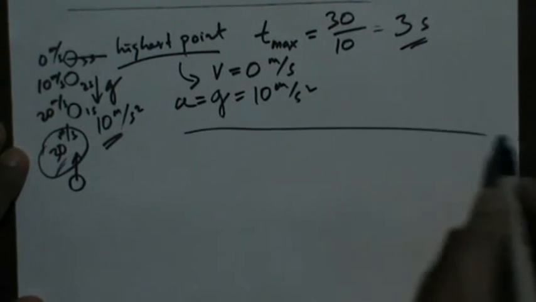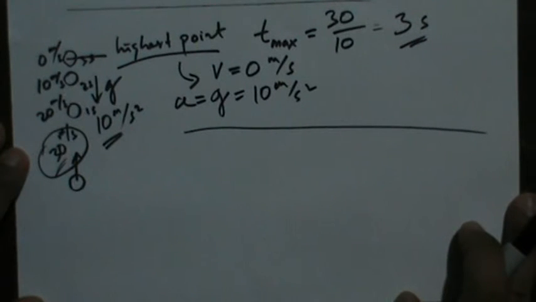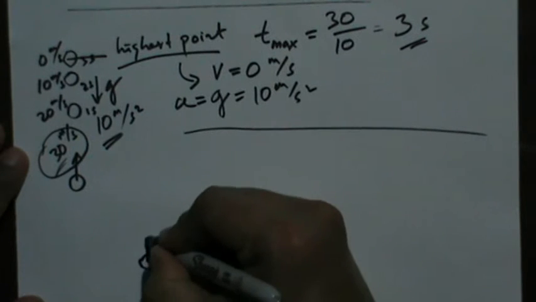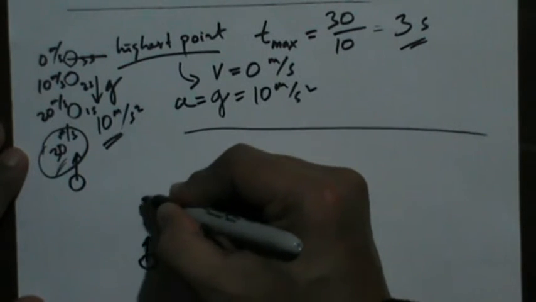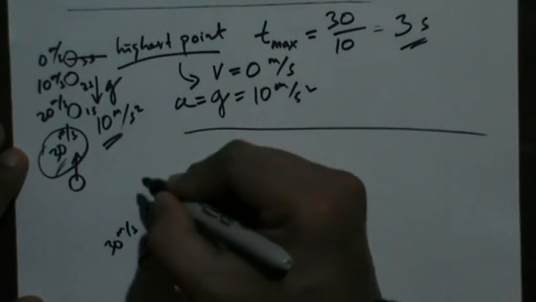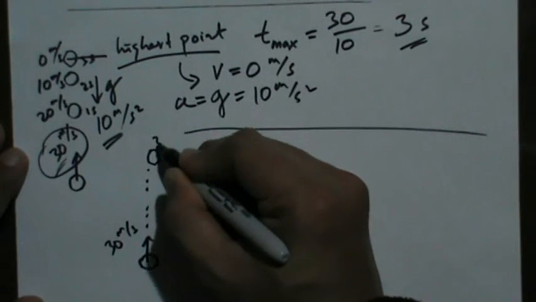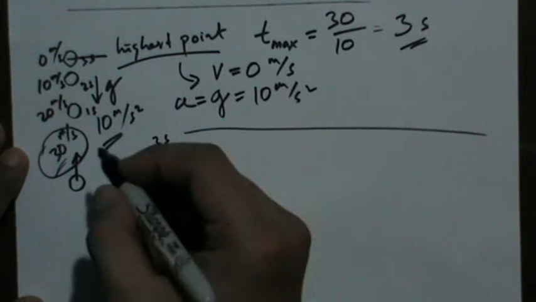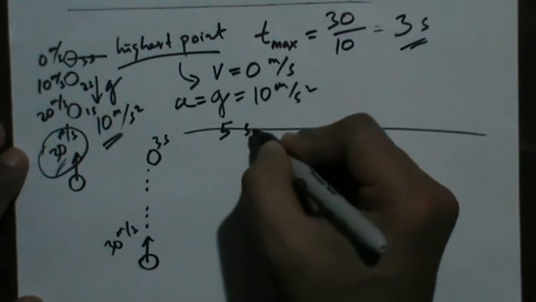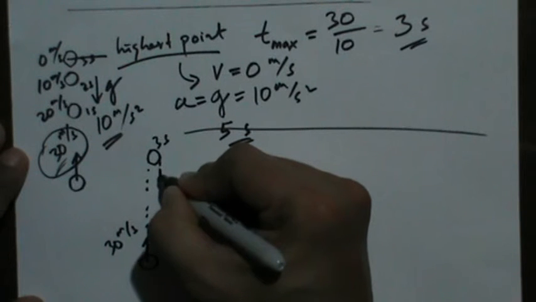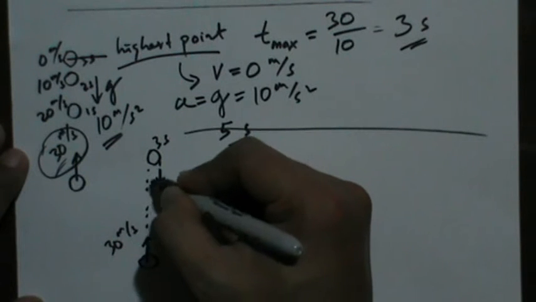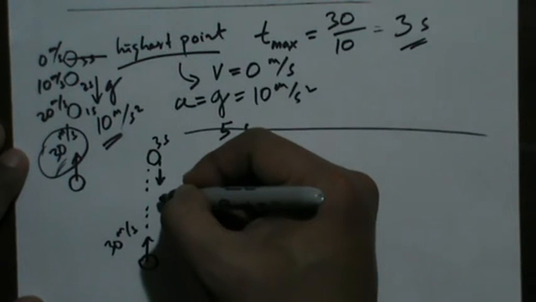Right. Now we are asked to find the speed of the ball after 5 seconds. So let me draw again our situation here. The ball has initial speed 30 meters per second, and after 3 seconds the ball gets to the highest point, and that means at 5 seconds the ball has already moved downward.